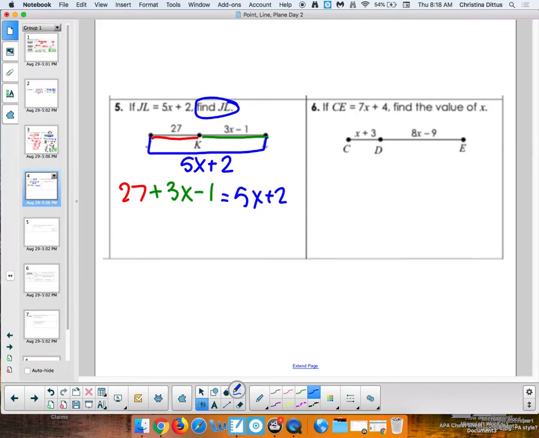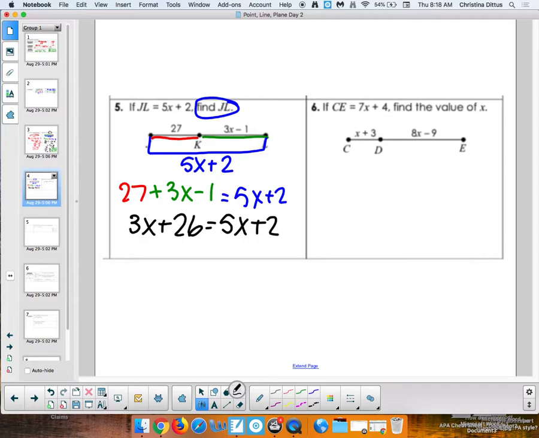All right, perfect. So, can I combine anything on the left? Yeah. Subtract 1 from 27. What do I get? So I got 3x plus 26 equals 5x plus 2. I like my x's out front, that's why I wrote 3x first.